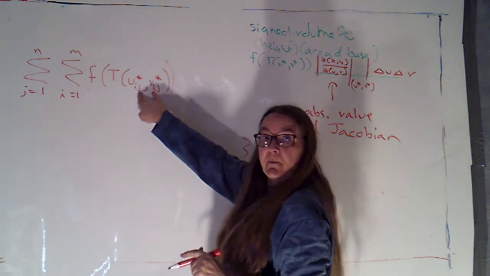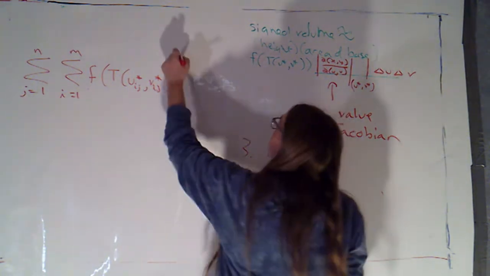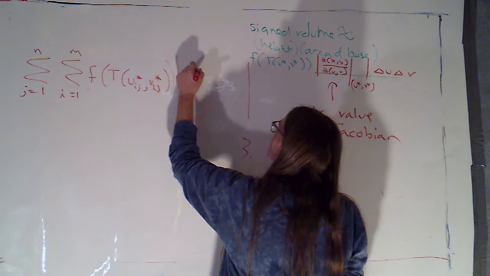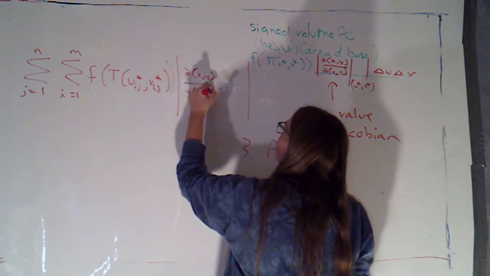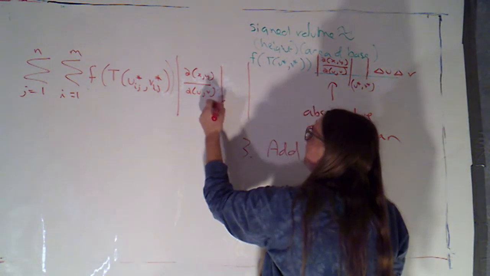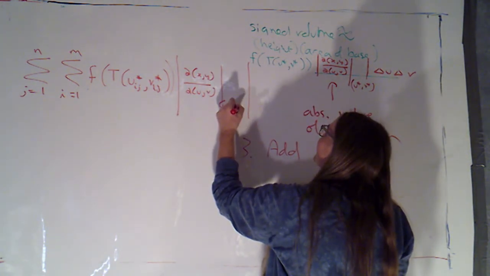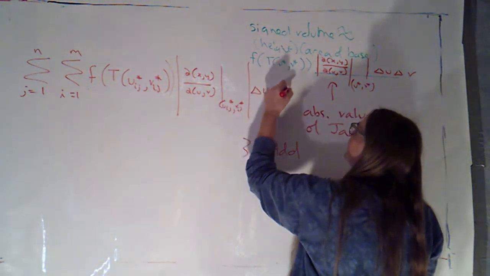This would just be the representative point for the ijth rectangle, times the absolute value of the Jacobian, del xy, del uv, evaluated at that point, u_ij star v_ij star, times delta u delta v.